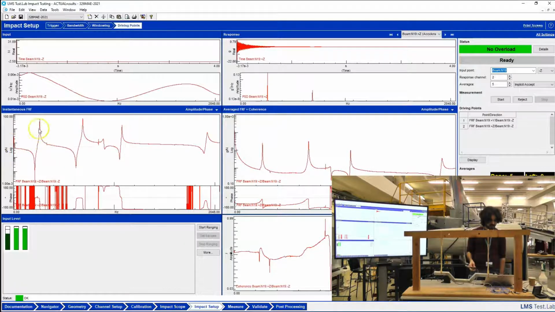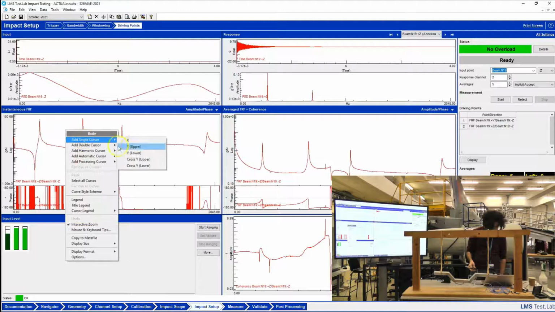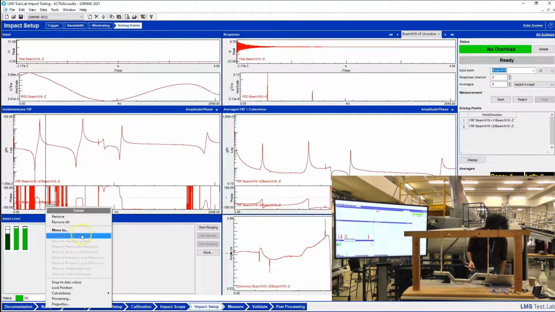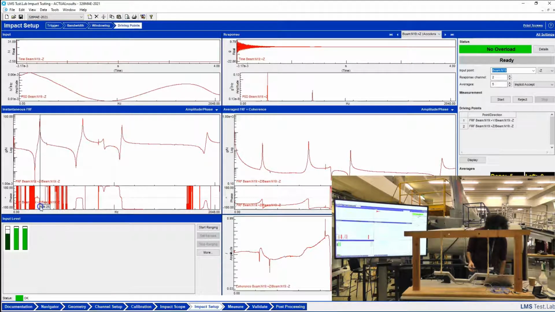So this is, let's say, at 26 Hertz, I have about 10, 20, 40 G of acceleration.